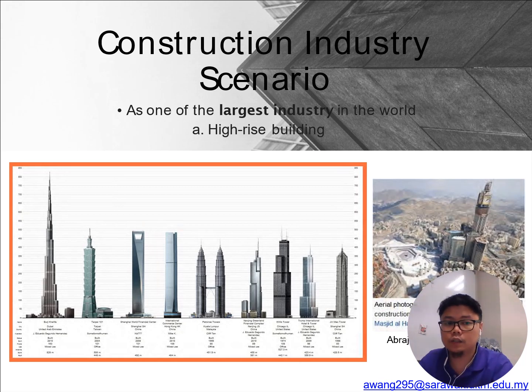Now, these are not just structures, they are testaments to human creativity and the collaborative effort of the construction industry, which stands as one of the largest sectors worldwide. Simply put, it is an industry that not only shapes our physical world, but also mirrors our society's economic, technological, and social ambitions.